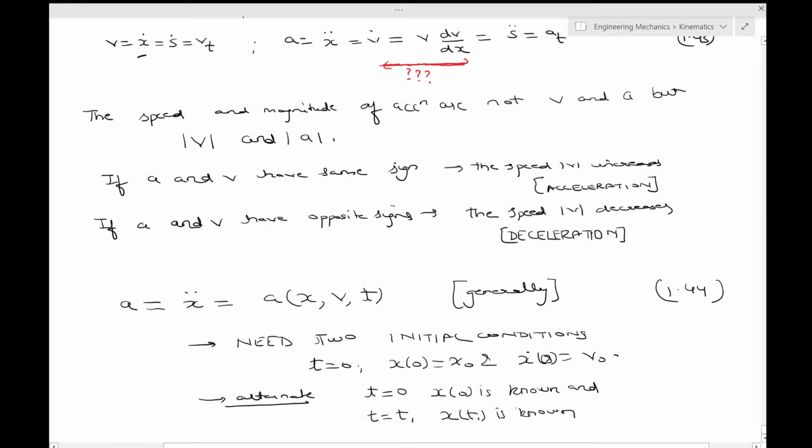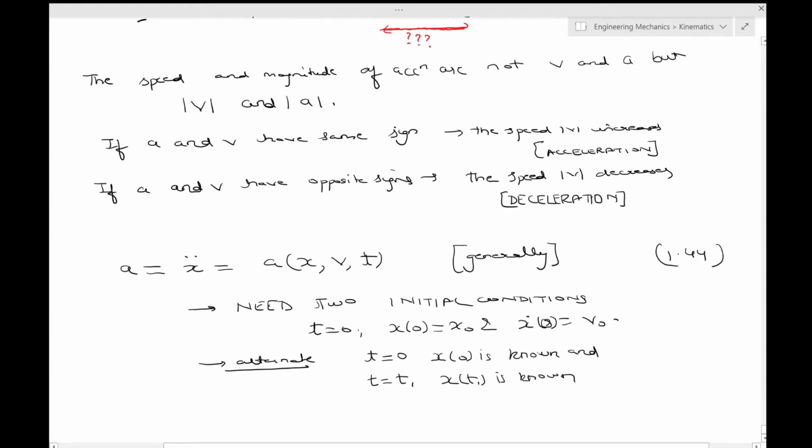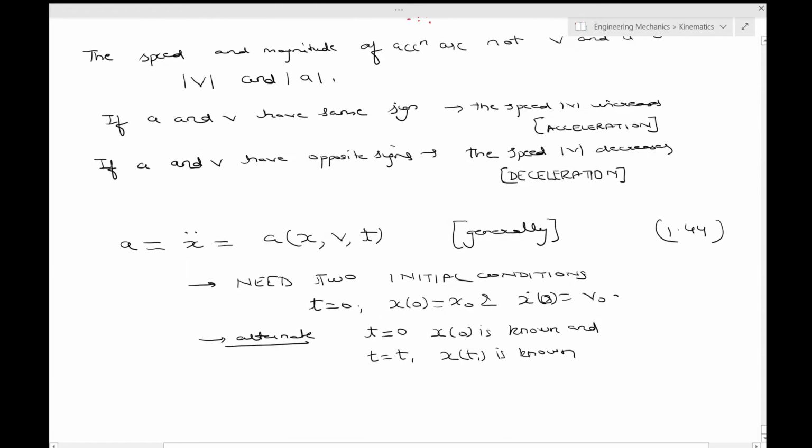This may be called the conditions at the two ends of the boundary of time. Either of these two things can be used depending on what is given in the situation or what is known a priori. So the point is that you will require two conditions for this to be integrated.